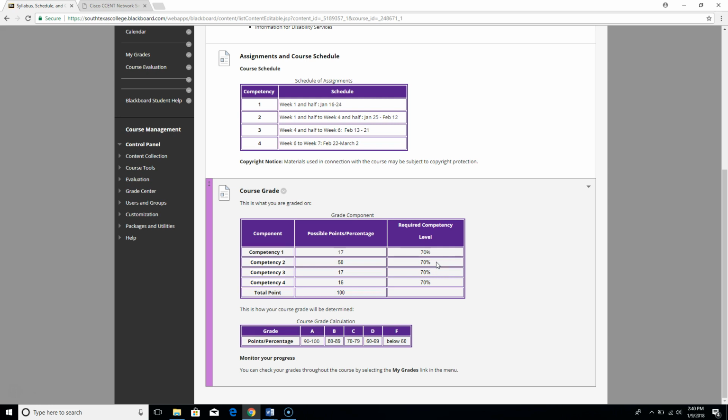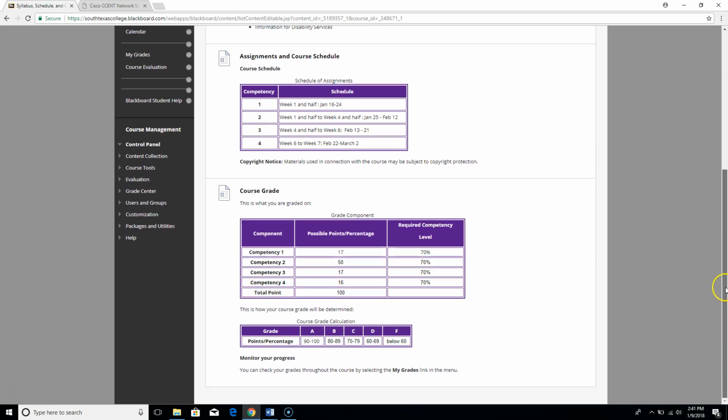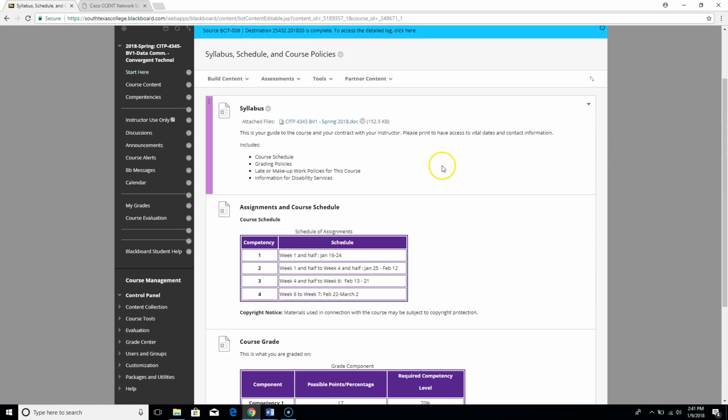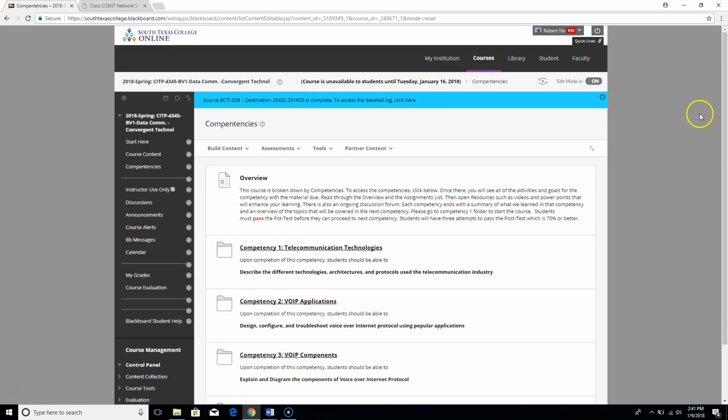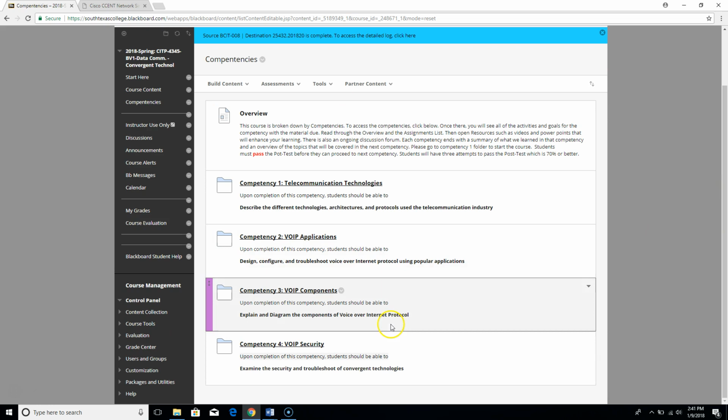I will explain in a bit how the competency base works. Let me see if I can find some information here. I think that is in the syllabus.